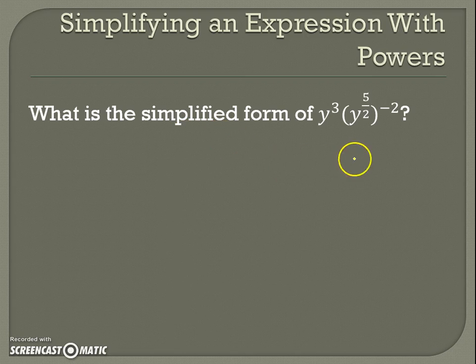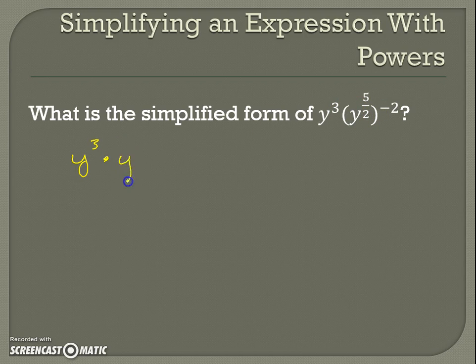All right, simplifying an expression with powers. It says, what is the simplified form of y cubed times y to the 5 halves, raised to the negative 2? All right, so the first thing that we need to do on this one is go ahead and raise this power to a power. So I'm going to start out with y cubed times, and then I'm going to do this times this.